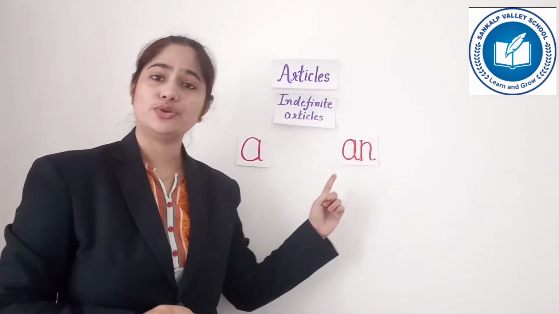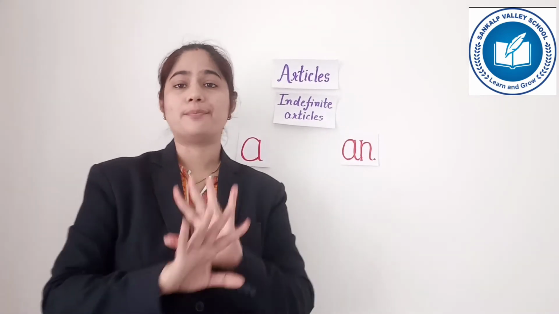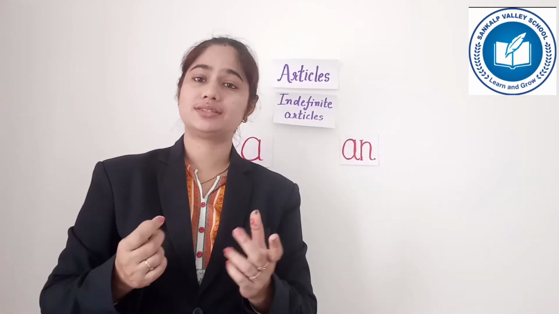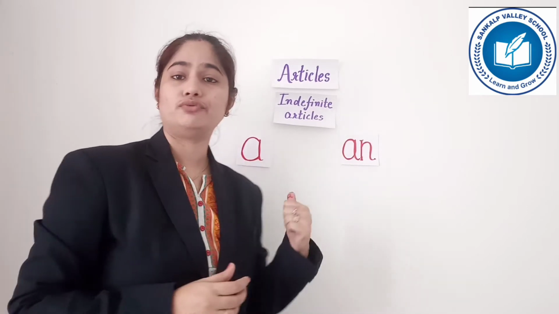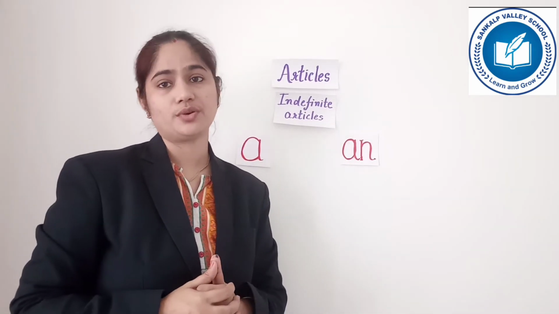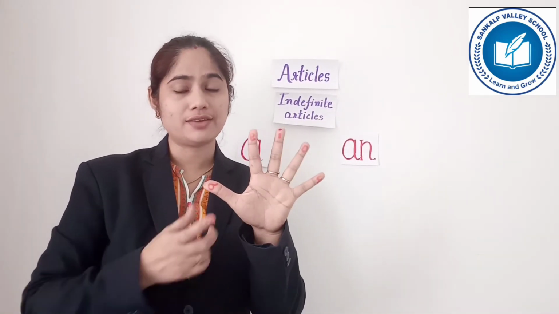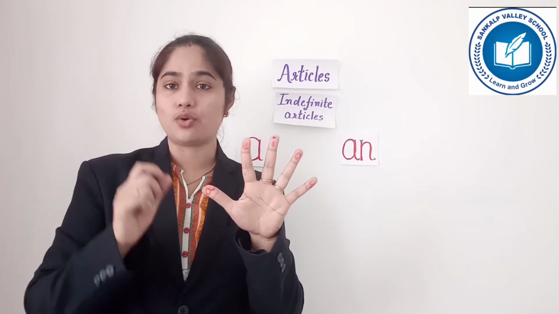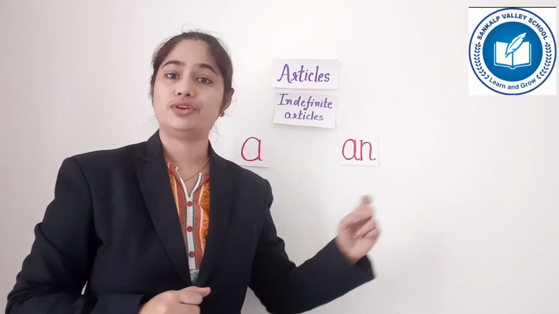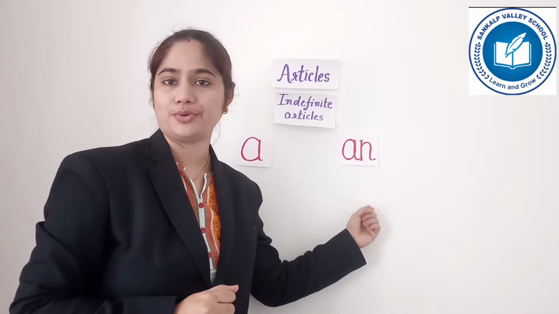Whenever one of these 5 sounds is the first opening sound of a noun, we will use an. Apart from that, if it is the sound of any other letter, we will use a. Let me take a quick example for it.